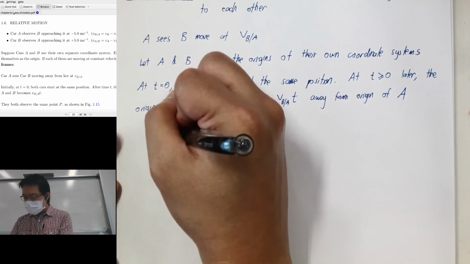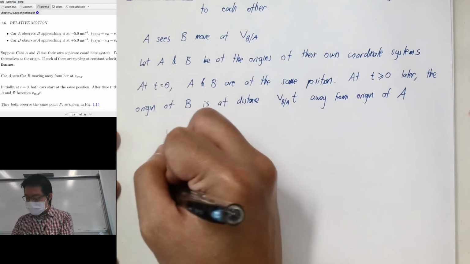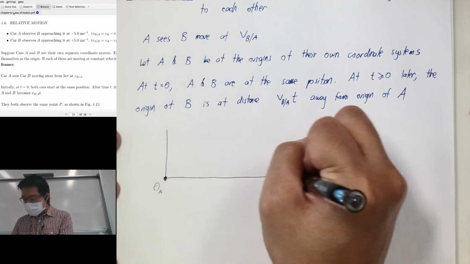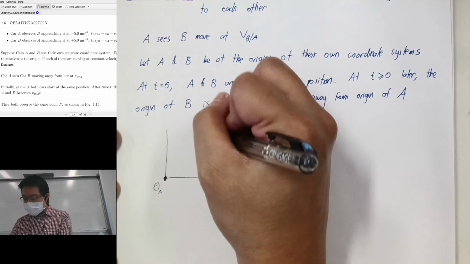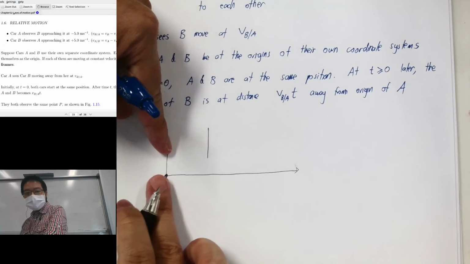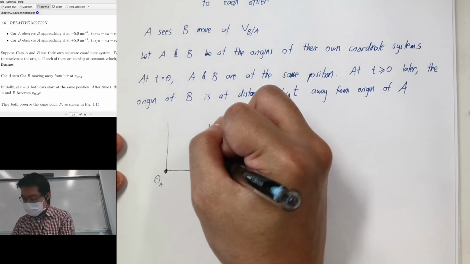This is the origin for A, so car A is always there. Initially car B is in the same place at time 0, but as time goes on, it's moving away. This is the origin of B.